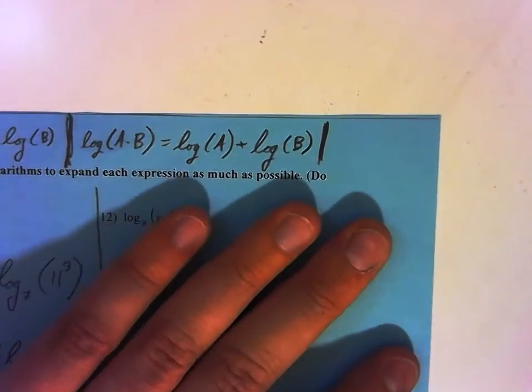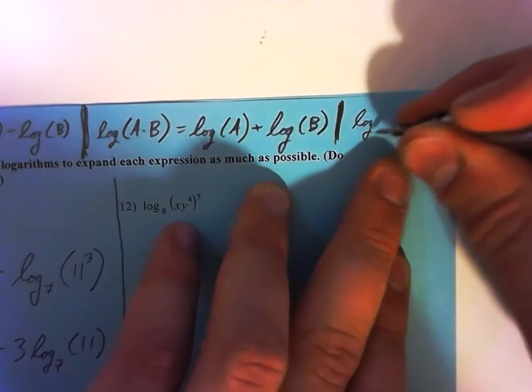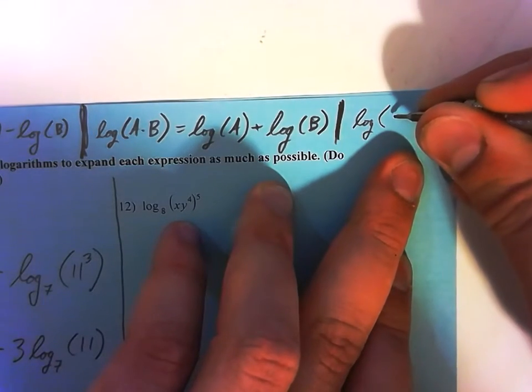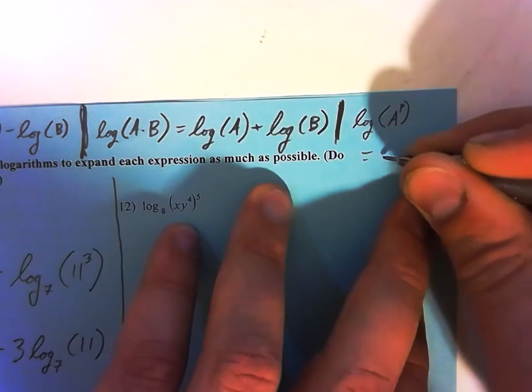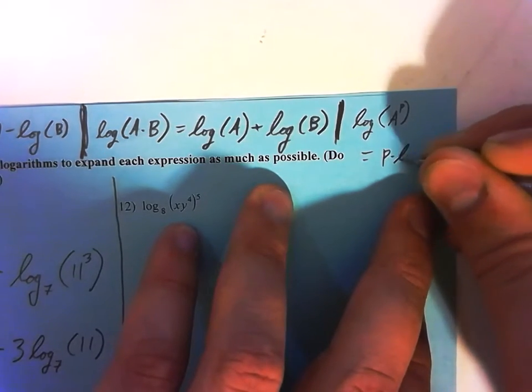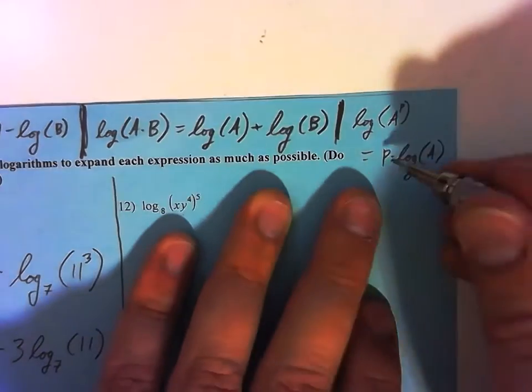Okay, and the last one is the power one, which I just mentioned for our second step here, which is log of something to a power equals the power times log of the something without the power.